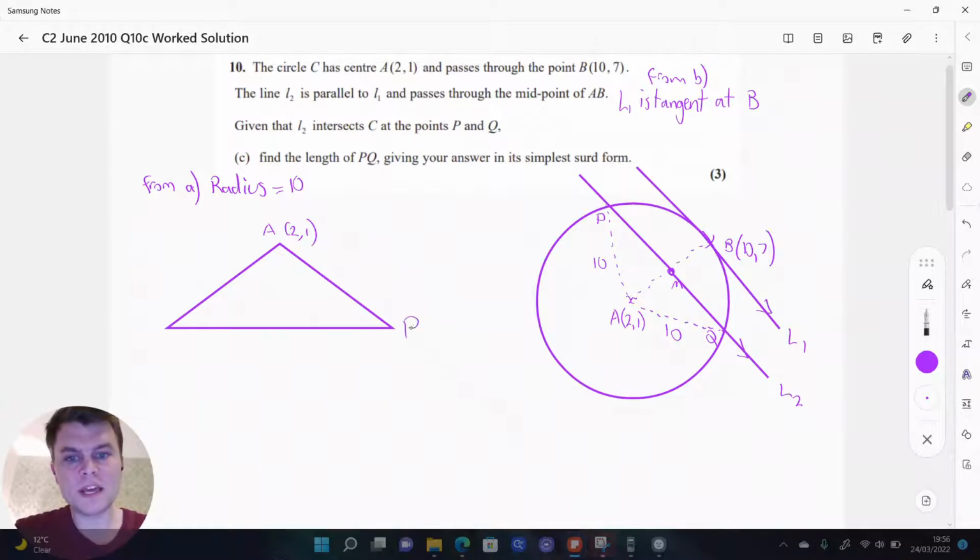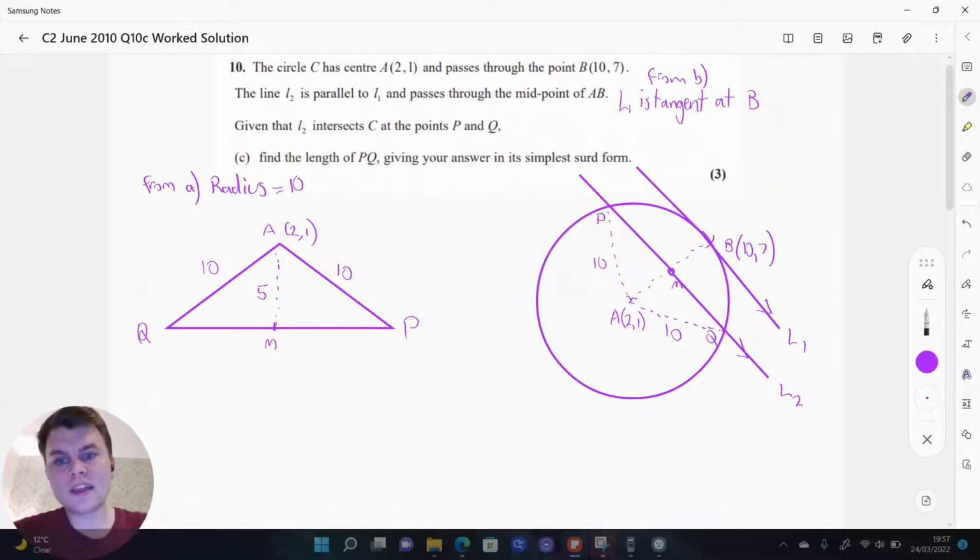Then we have P down this side, and we have Q down that side. The length that we have is 10 there and 10 there. We also have a point there which is M. M was the midpoint of AB, so therefore that length there will be 5.